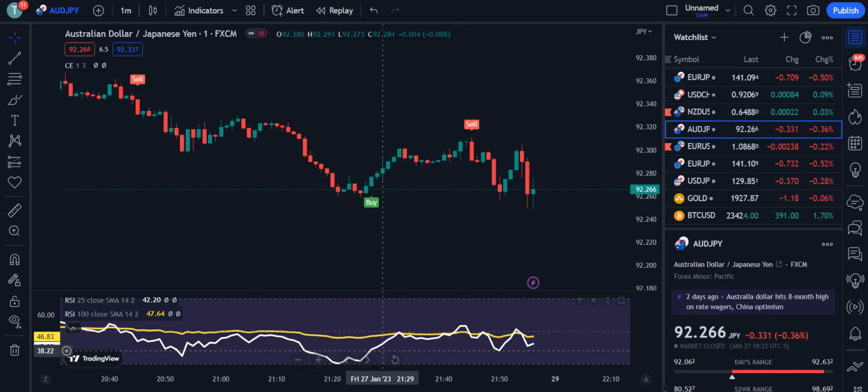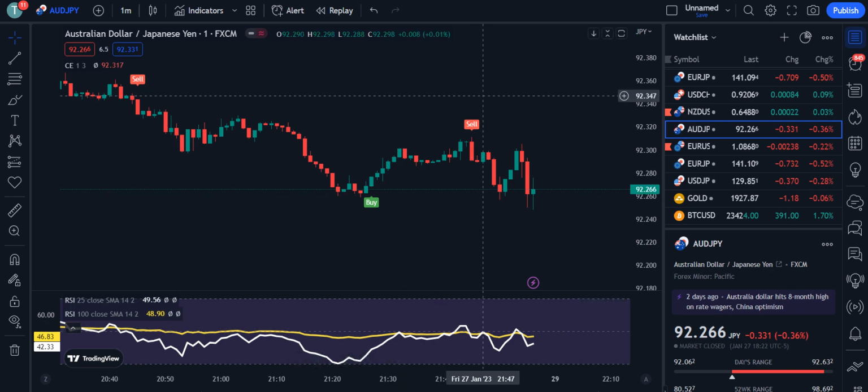The third thing that we have to see is this 25 based MA should cross this yellow color or 100 based RSI, and if it cuts it and crosses it and goes above, then we have to take the trade for the buy signal. And if it touches the zero level and is coming above and touches it, it means you have to take the trade for the buy signal.